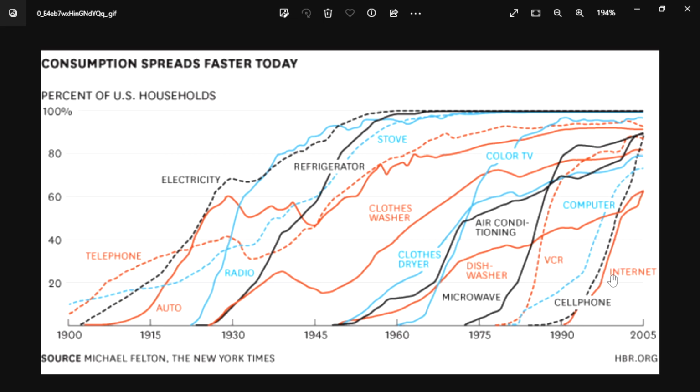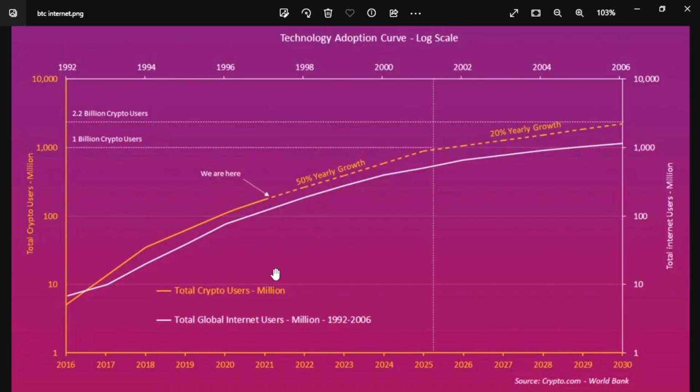Bitcoin is a similar thing here. We are still very early on, but this is a Bitcoin adoption versus internet adoption chart. In white here is the internet adoption curve. This is the number of users on the right side for the internet, measured in millions of people.